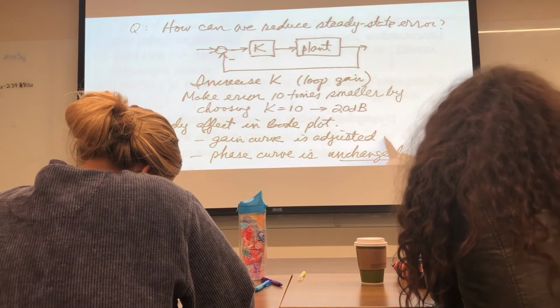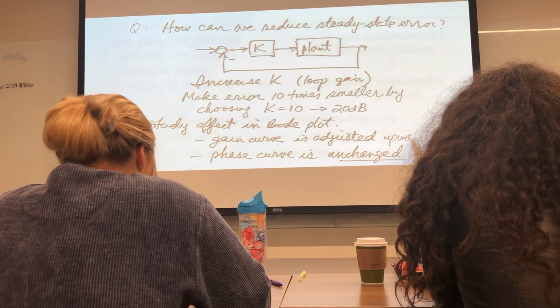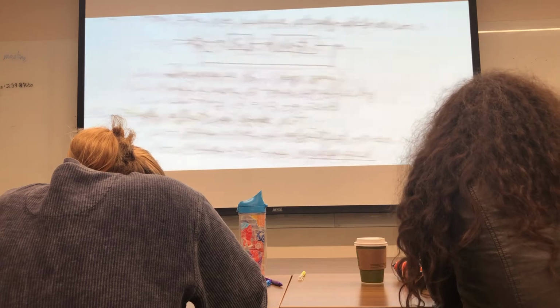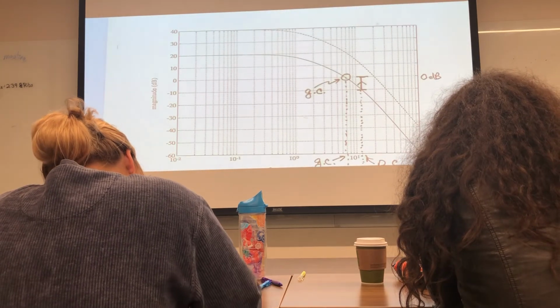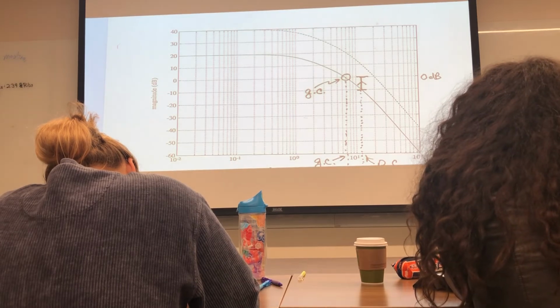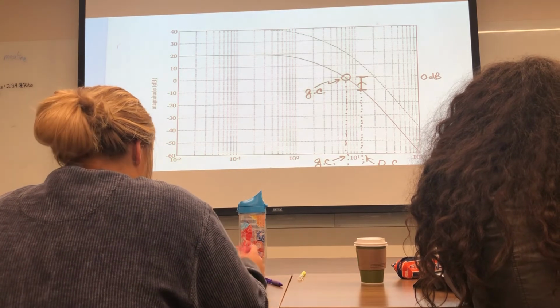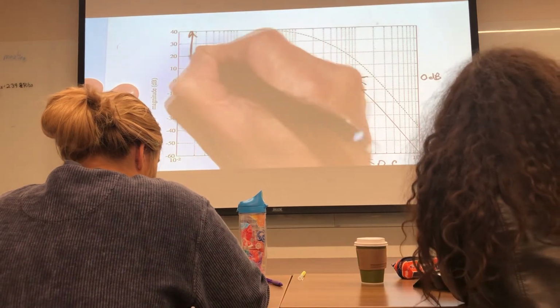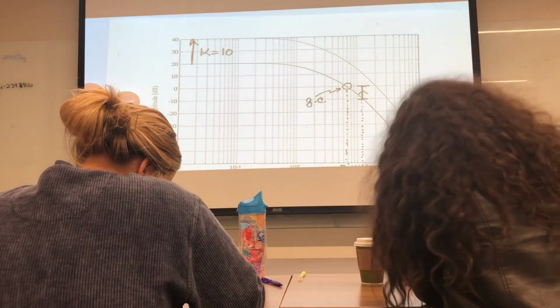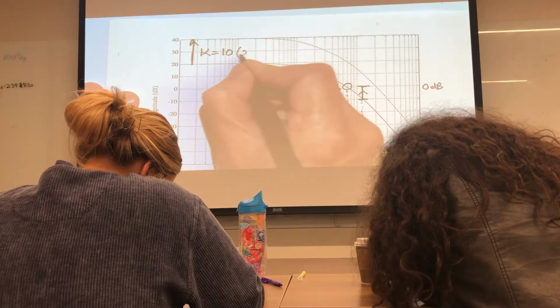Gain curve is adjusted upward. So this is what we have in this plot, the dash curve. I've increased the gain 20 dB. K is equal to 10. 10 is the same thing as 20 dB.